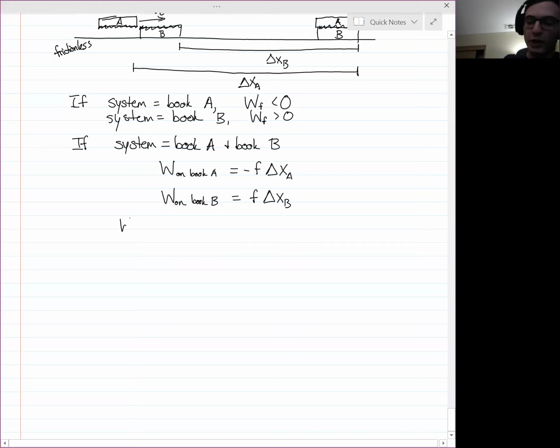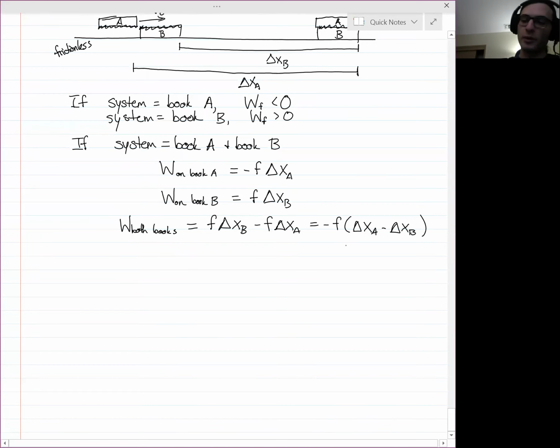So what is the work on both books? Well, it should be the sum total of the work on each. So this is F times delta XB minus F times delta XA, which is just negative F times (delta XA minus delta XB).